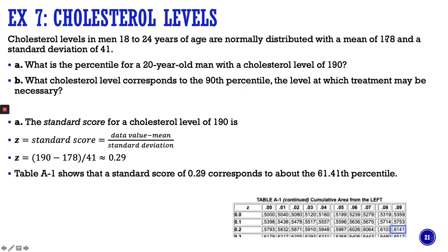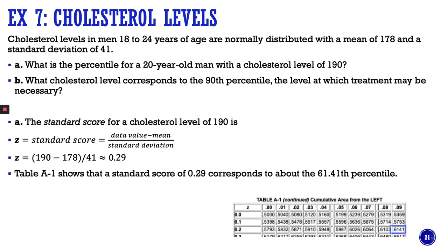The mean was given to us at 178, and then take that and divide it by 41, which is approximately 0.29. Well, that falls into our table. So we can go to 0.2 and then over to the 9 for our third digit, and we get 0.6141, which changed to a percentage will be 61.41 percentile.